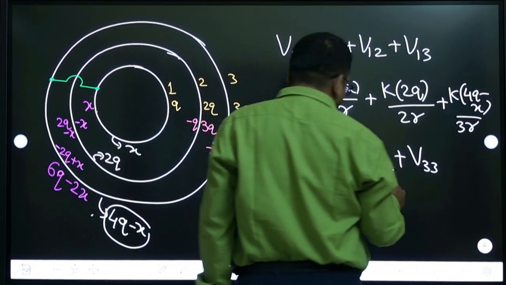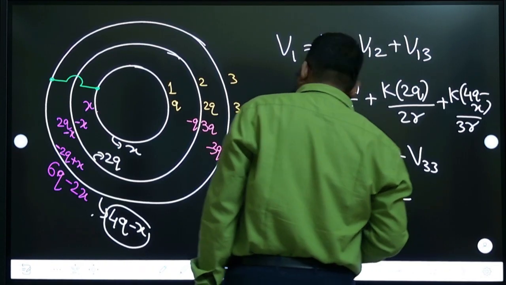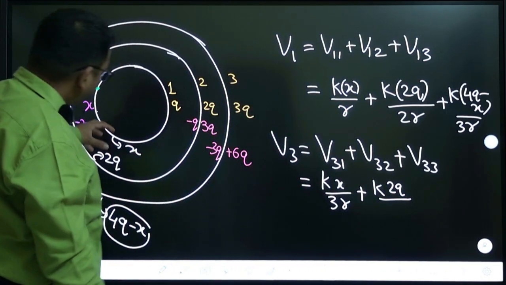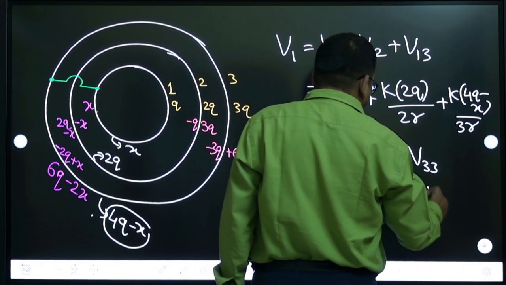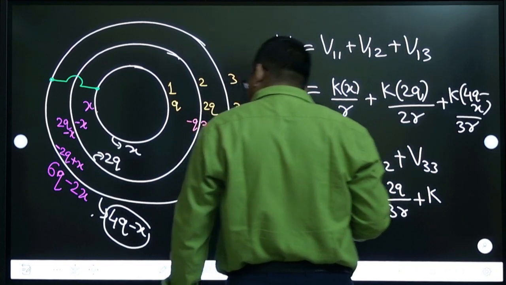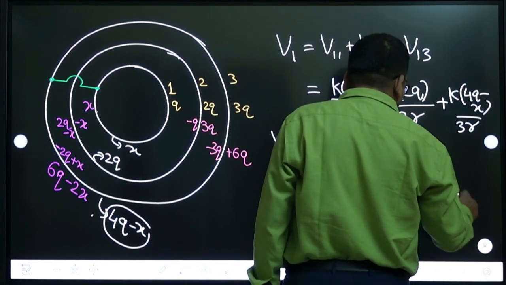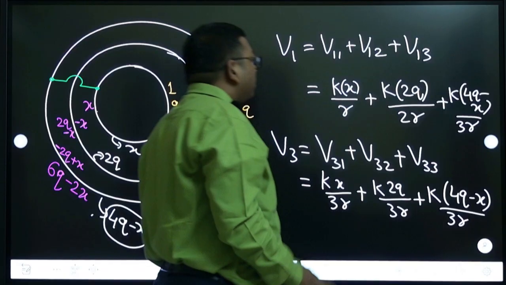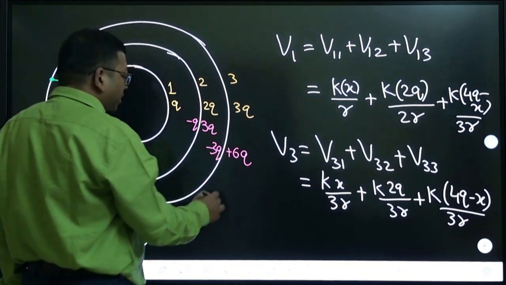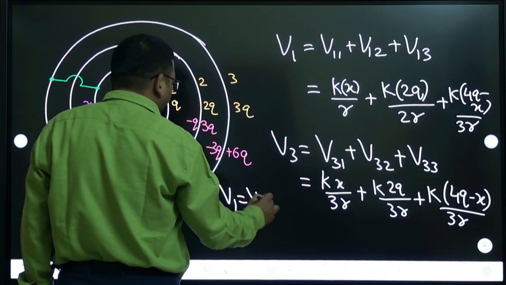So k charge is 2q, and distance again is 3r only, plus k charge 4q minus x, 4q minus x by the distance 3r. Now we have to equate v1 equal to v3, and we have to solve for x.